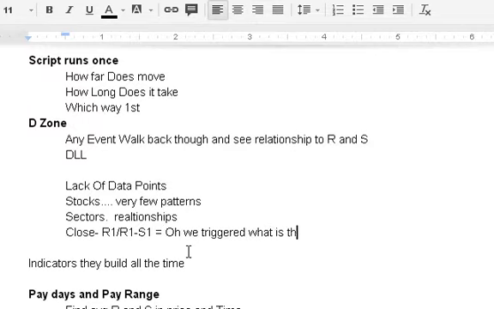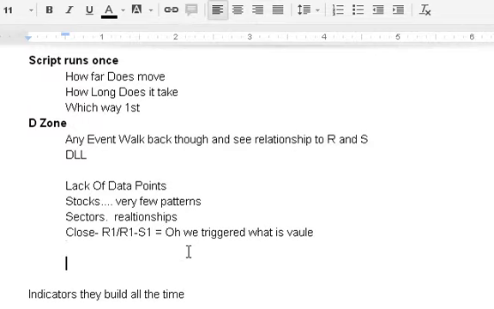Then instead of saying our indicator triggered, what if we say R1 minus S1 times the value that it triggered at. It triggered. Then we add in S1 equals trigger price in range.